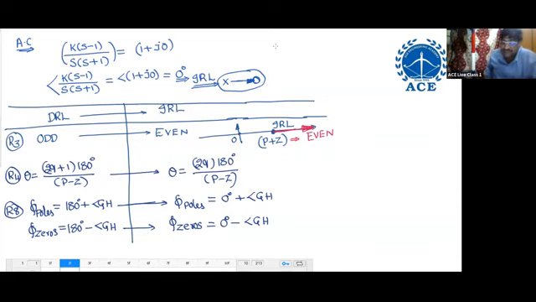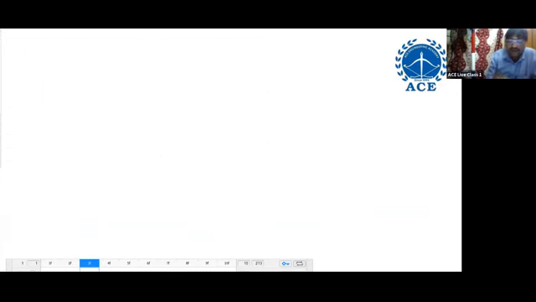Now we'll draw the inverse root locus, in which the direction is from pole to zero. Come on, what is G of s H of s? G of s H of s equals minus K into (s minus 1) by s into (s plus 1).